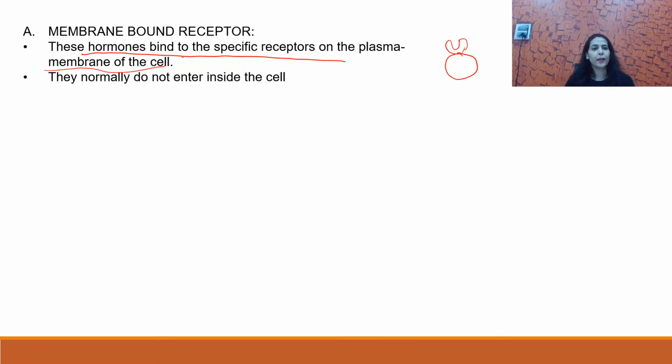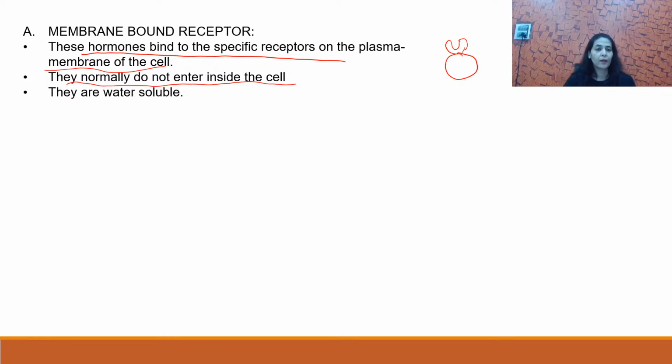They normally do not enter inside the cell. Will you let the postman enter your house if he has just come to deliver a mail to you? No. They only stand outside, deliver the mail and go. So normally they do not enter inside the cell.